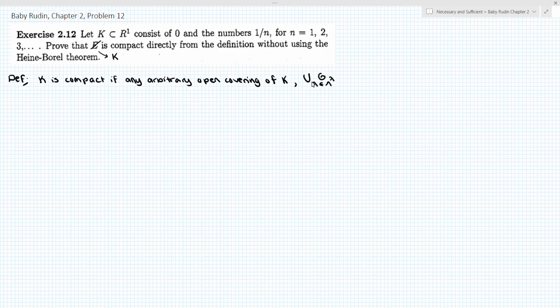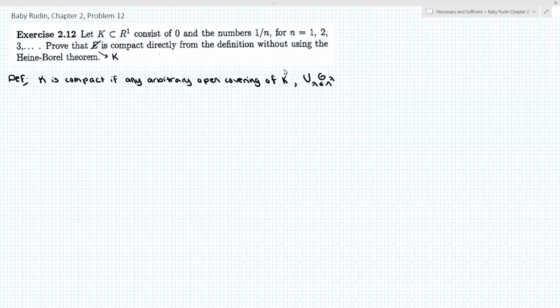So we can write K as a subset of some union of open subsets, and we're indexing using just any arbitrary set lambda. A common mistake when people see this material for the first time is indexing over the natural numbers. So instead of writing lambda in lambda, sometimes people will write n equals 1 to infinity, but it's important to remember that we can index over an arbitrary set. So this is an arbitrary open covering.